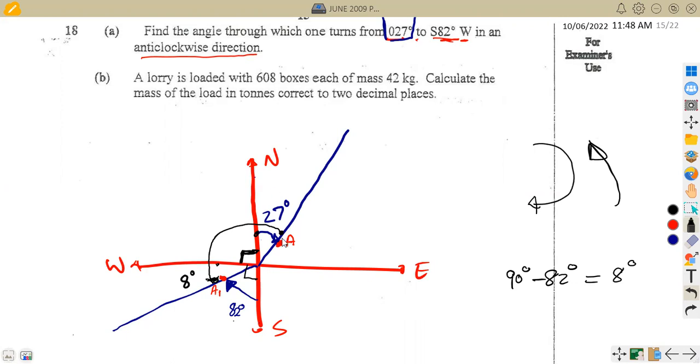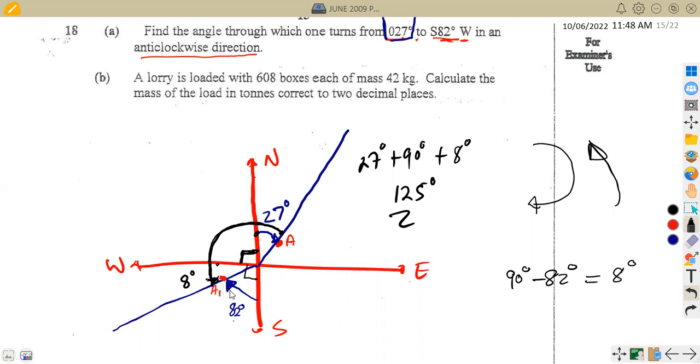So the total angle the person turned is the total of 27 plus 90 plus 8 degrees. All you need is to add 90 plus 8, which is 98, plus 27, and you obtain 125 degrees. All right, so the person had to turn 125 degrees from this point A to this point A1 in an anti-clockwise direction.